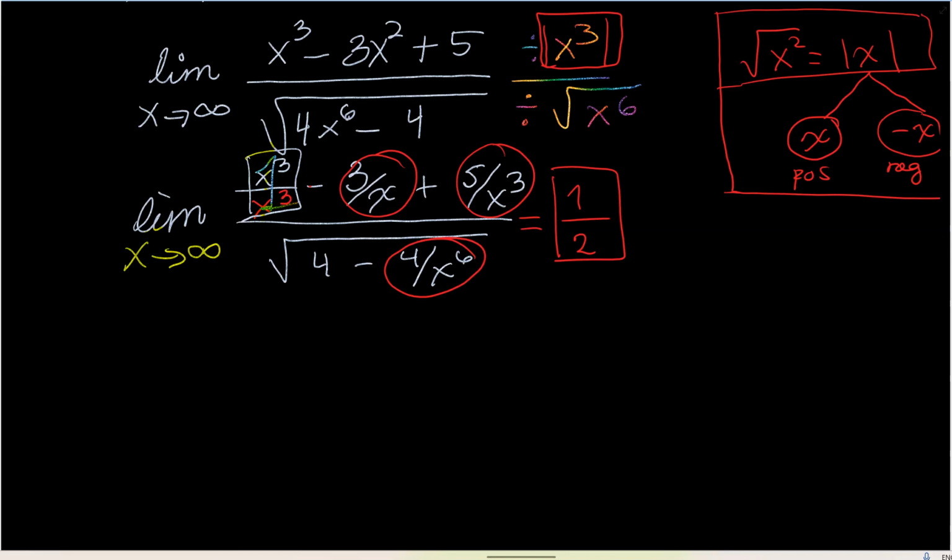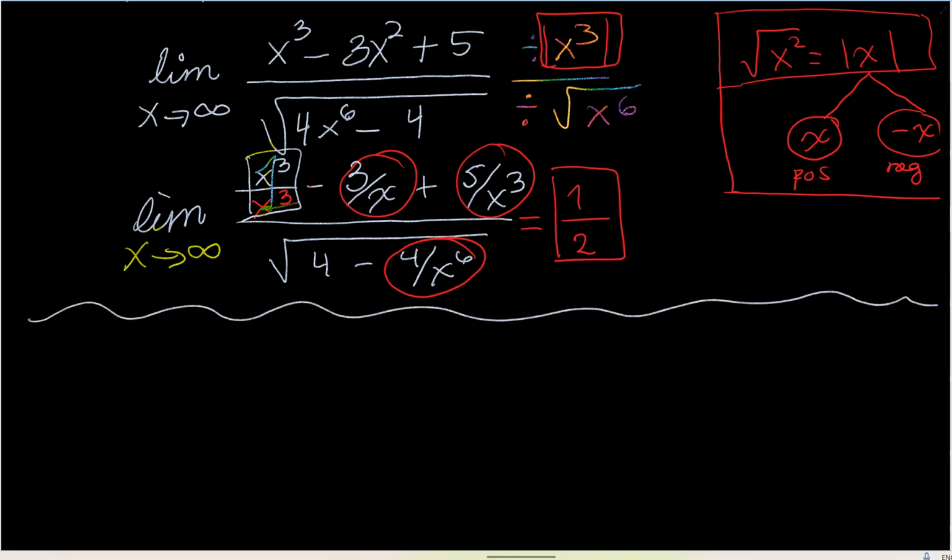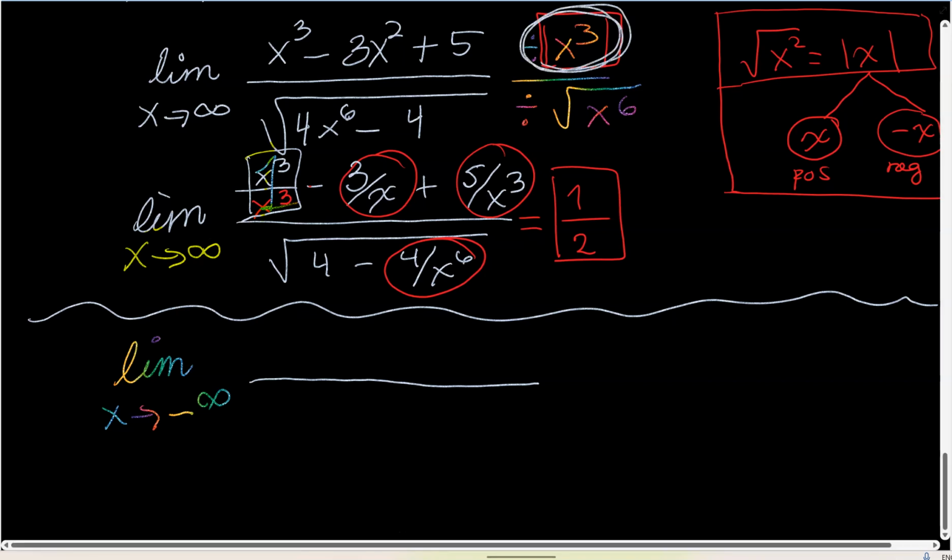Now, however, if we were looking at the same problem, but we are looking at the limit as x goes to negative infinity, how would that change our problem here? Well, when x is a negative number, x to the third is a negative number.